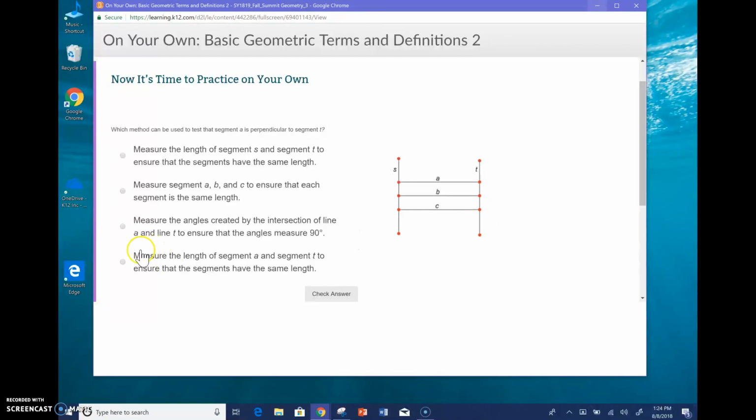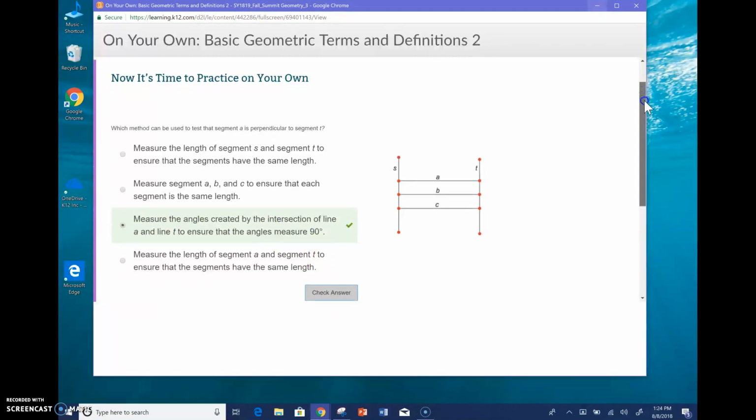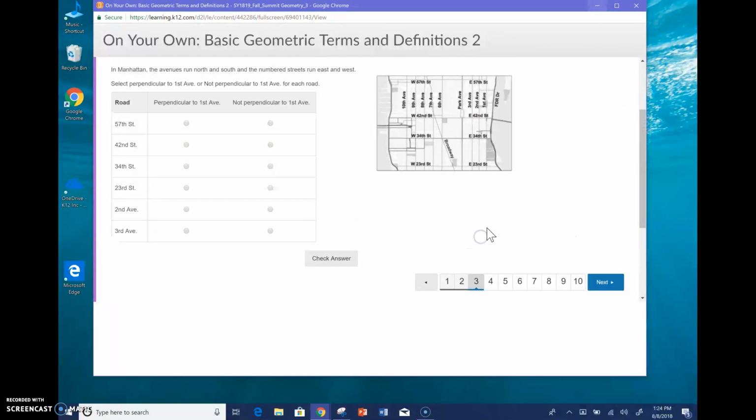So we need to measure the angles created by the intersection of line A and line T and make sure they measure 90 degrees, because when lines are perpendicular, where they intersect creates a 90-degree angle. So let's see if that's correct. And it is. Let's go to the next one.